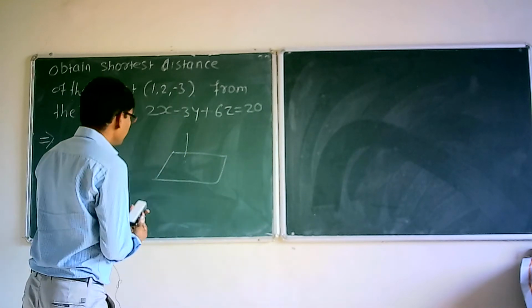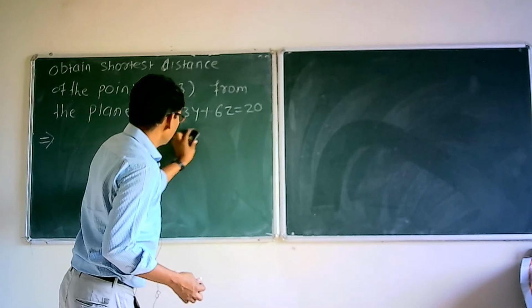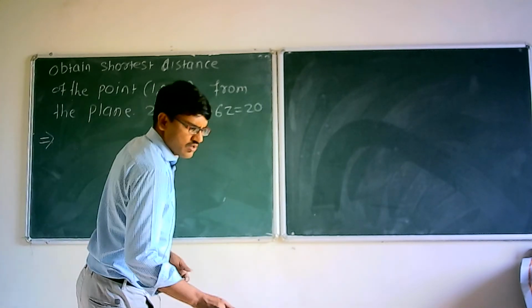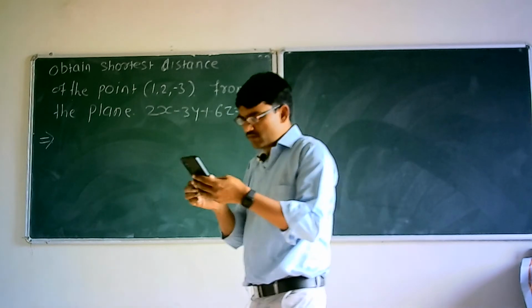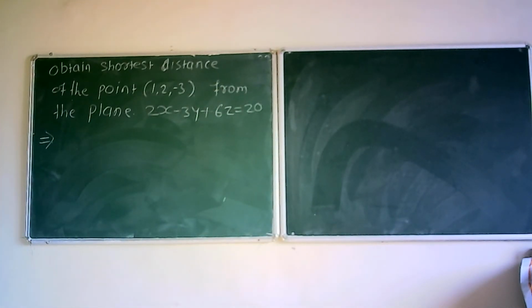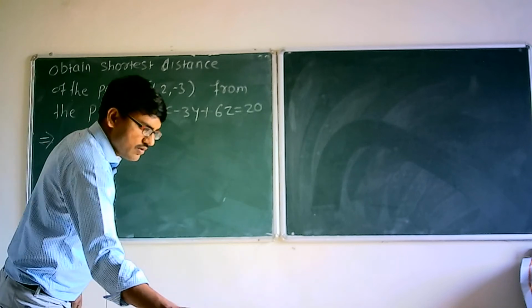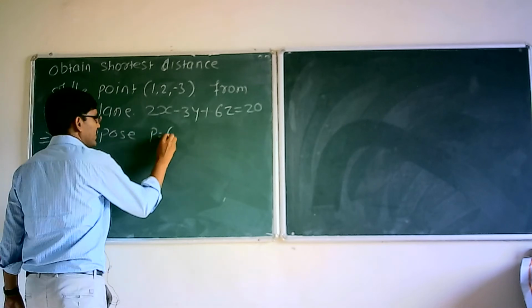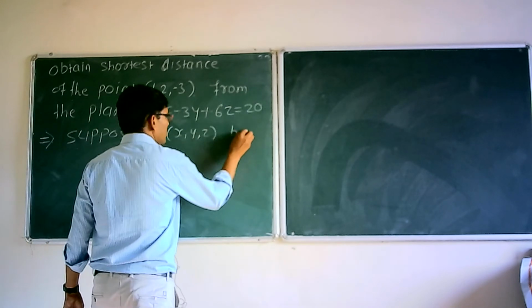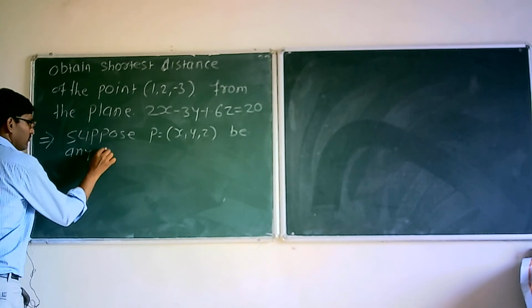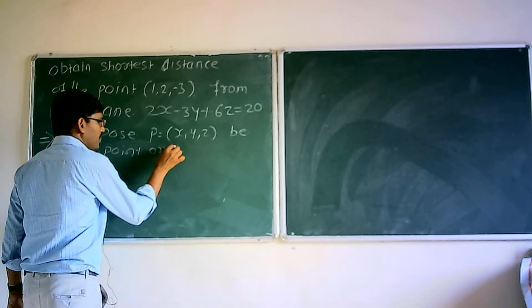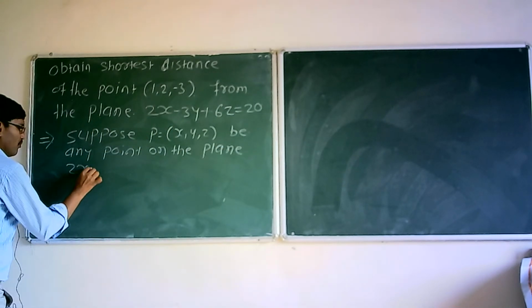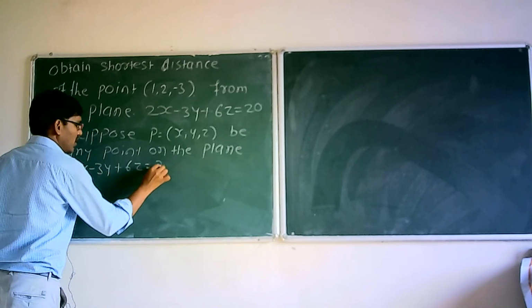Now suppose P is equal to x, y, z be any point on the plane twice x minus 3y plus 6z is equal to 20.